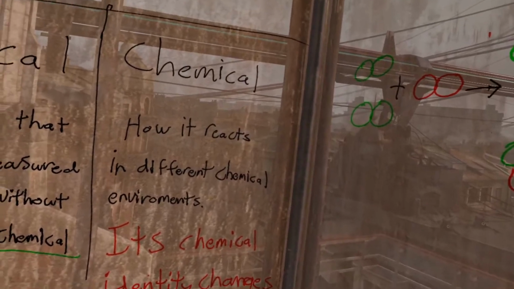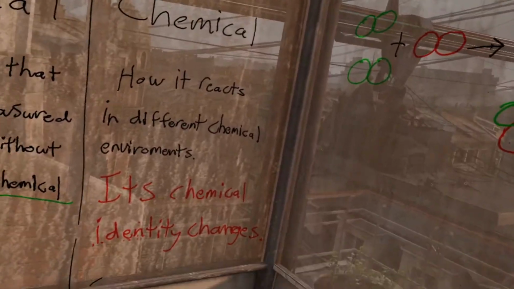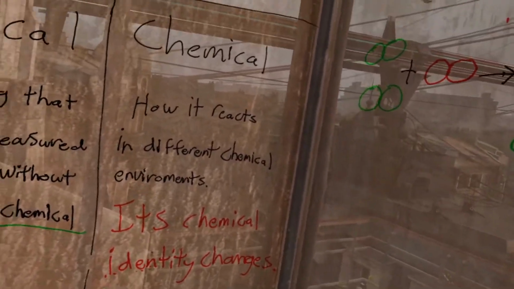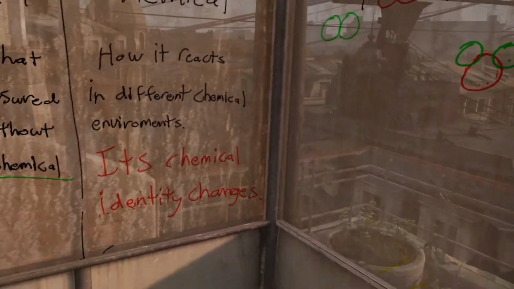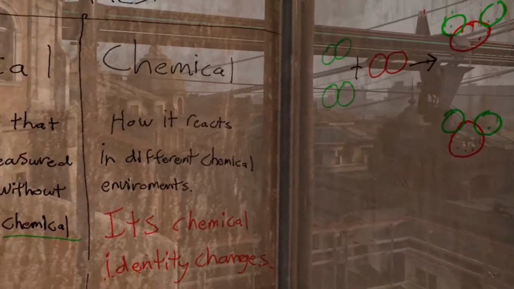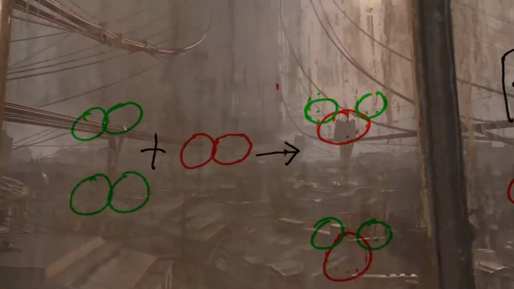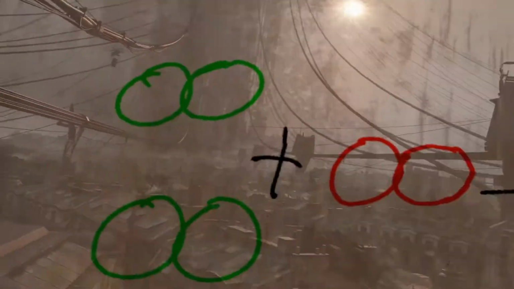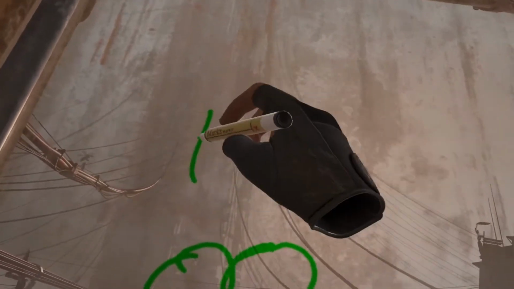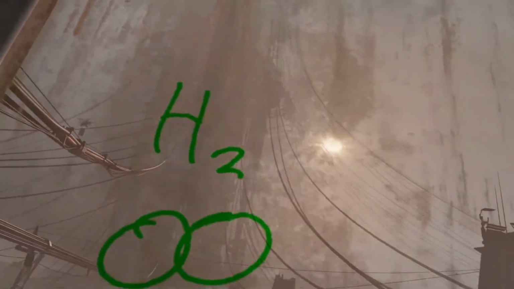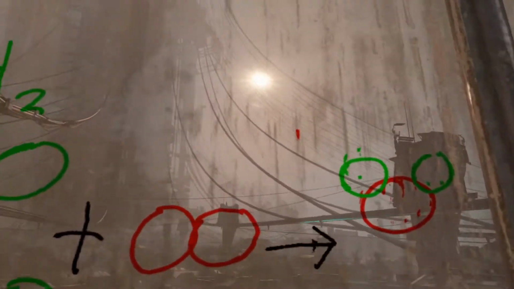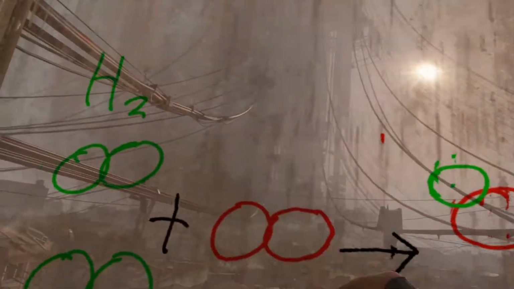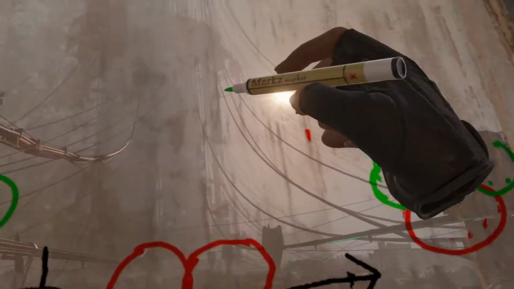However, when we change a substance's chemical property through chemical change, we are changing its chemical identity. So we are fundamentally changing what it is. So in this example here, I have got two particles or two molecules of elemental hydrogen, and I am then reacting that with one molecule or one particle of elemental oxygen.